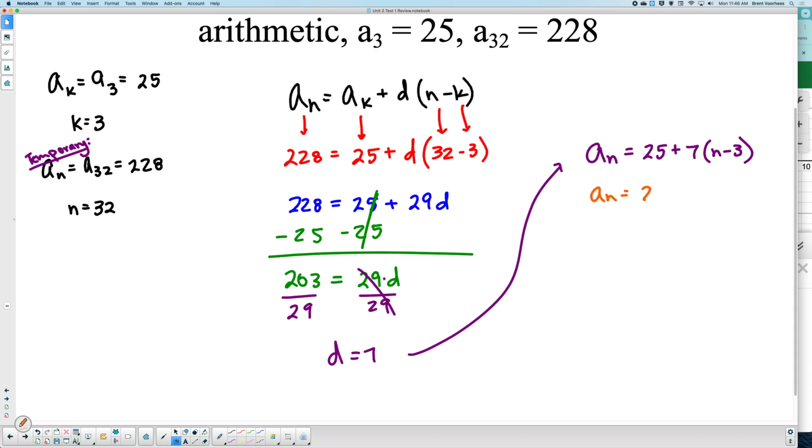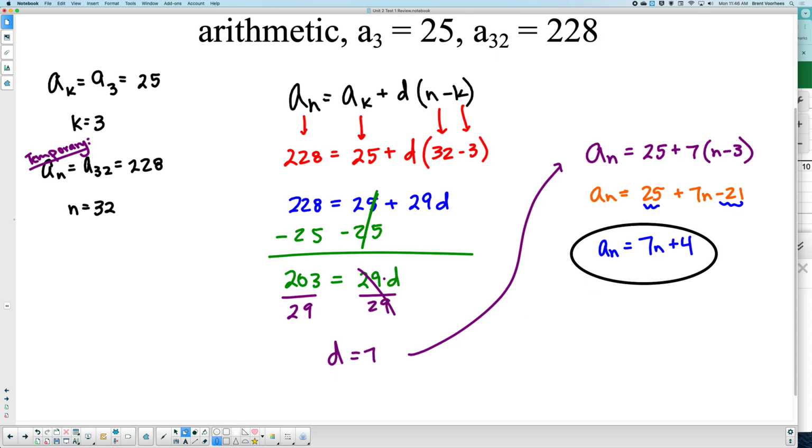You distribute. You could say it's An equals 25 plus 7n minus 21. And you could combine those like terms and end up with the equation An equals, I'm going to put the n first, I like n first, 7n, what's 25 minus 21? 4. You could simplify this equation all the way to 7n plus 4 if you wanted to.